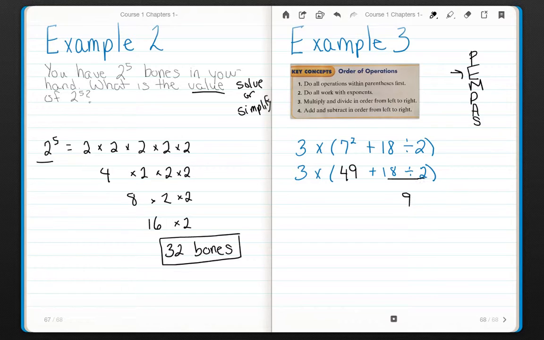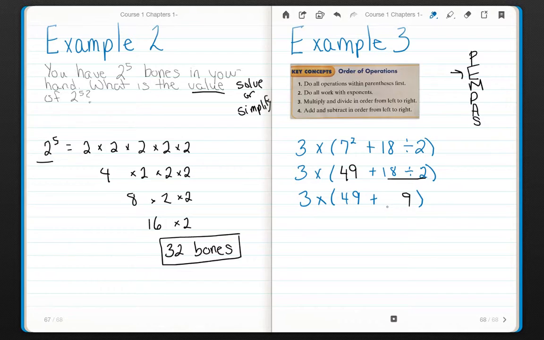So I've used this, and then I rewrite the rest of my problem. Notice that I am writing it so that every piece of it lines up. Doing it that way is one way to help you not make mistakes and miss something. So now I go back, I still have parentheses left.